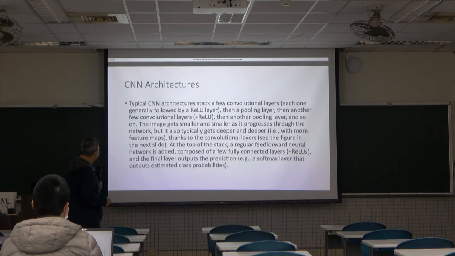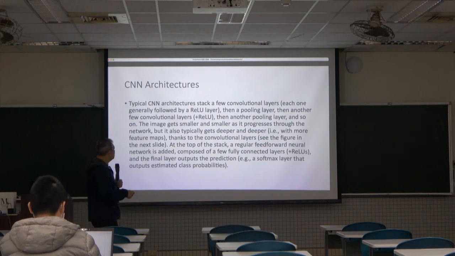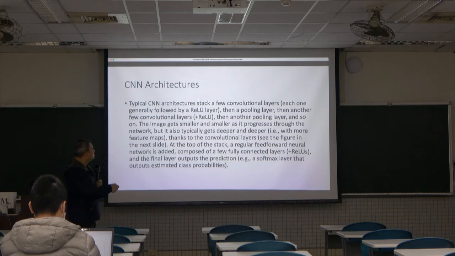Okay, so how do we assemble them? As I said, in a CNN architecture, we normally stack a few convolutional layers followed by ReLU. We have to have an activation function, right?